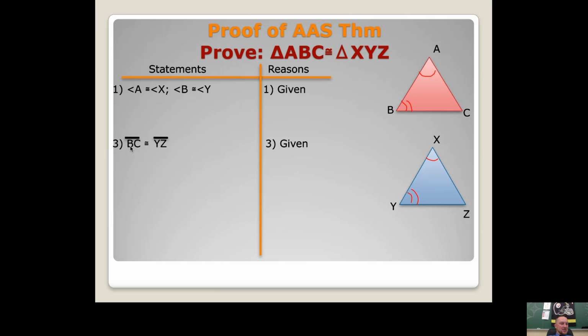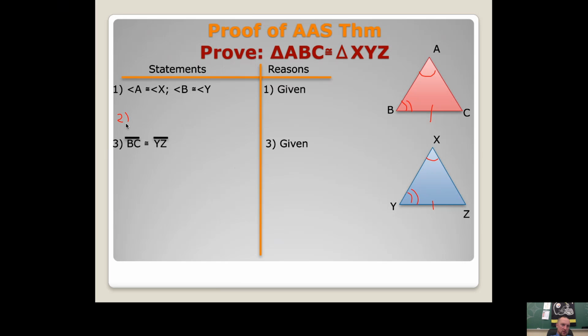They also tell you that segment BC is congruent to segment YZ. Okay, so notice what they start you out with. They start you out with two triangles that are in that angle side arrangement. What you need to do is state some other things that you know to prove that this is enough to say that the triangles are congruent.